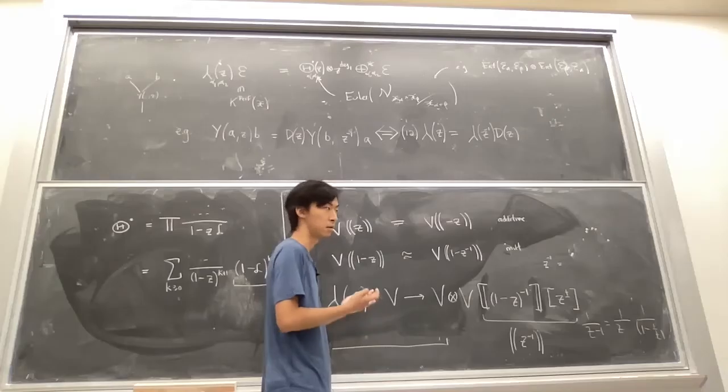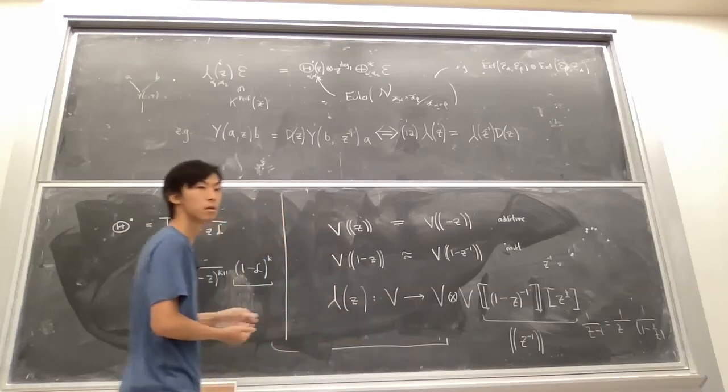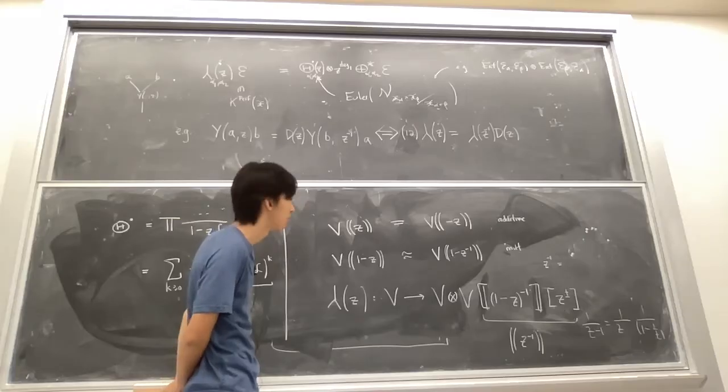So these inputs really are just some coherent sheaves on the original stack. But this to me looks much better because this looks like a normal expansion.